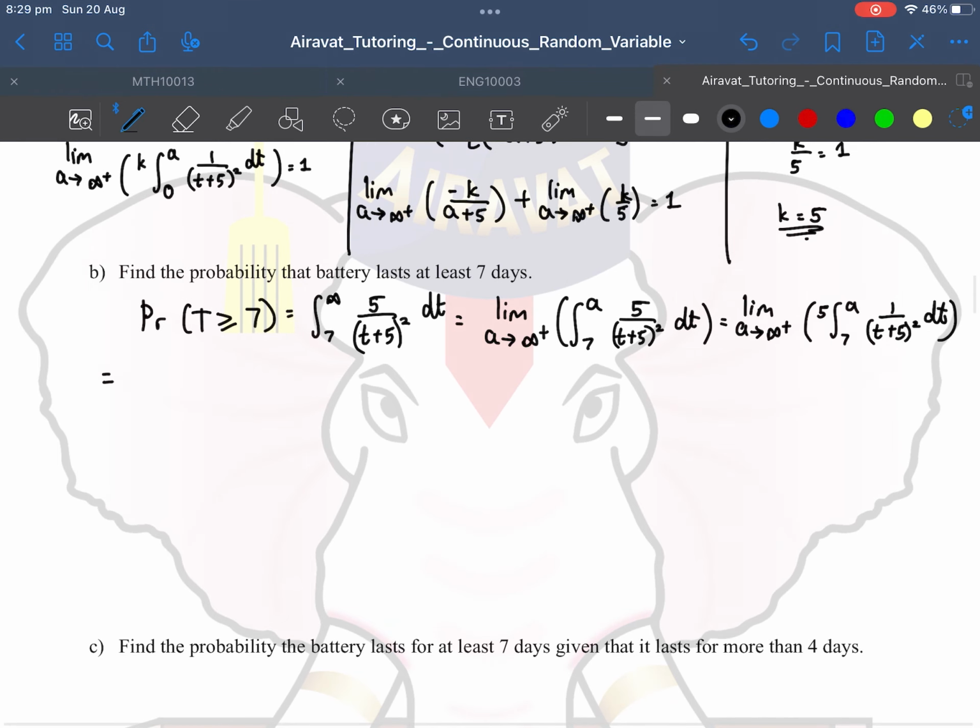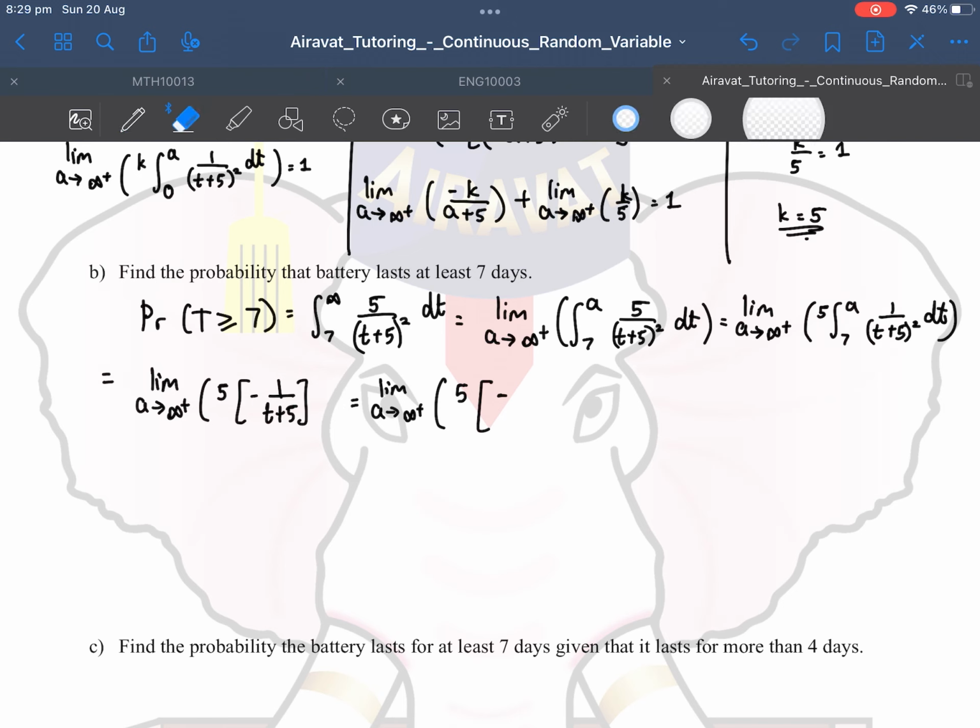And that is going to equal the limit as a approaches positive infinity of 5 times the integrated function, which becomes this after integrating. And these are our terminals. I'm just going to substitute the values in. Oh, sorry, I accidentally switched the terminals, I just realized.